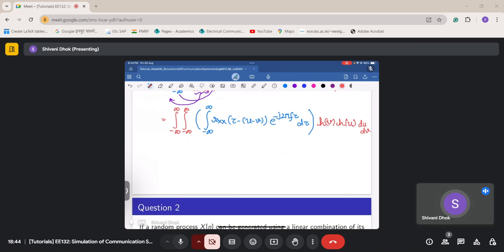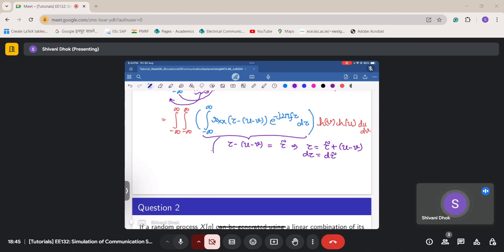Now let us focus on this particular integral inside here. So this is like a Fourier transform of this quantity. To do that, let us substitute tau minus u minus v as something, let's say tau tilde, which means that my tau is equal to tau tilde plus u plus v, and d tau is equal to d tau tilde.